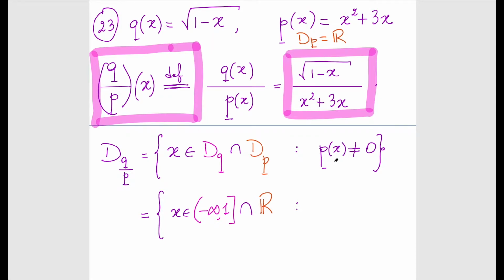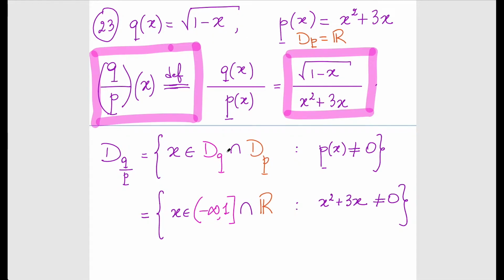And what is P of x? That's the expression x squared plus 3x. It should not be 0, right? Okay, so what did I do in the second step? I unraveled what this means. I wrote what each one represents in my current context.